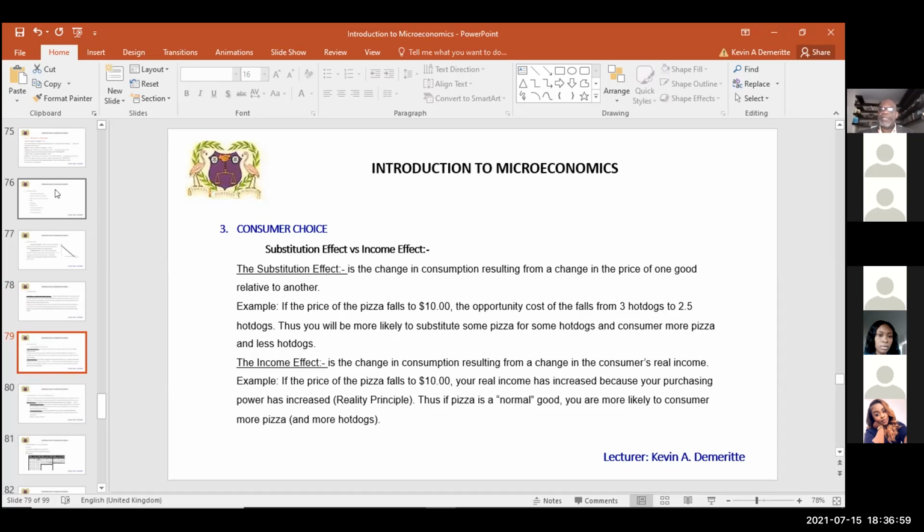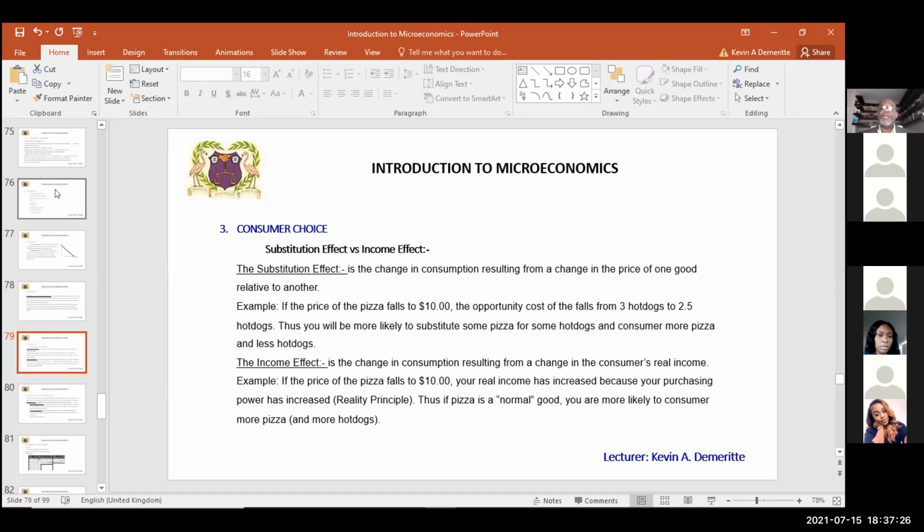So the opportunity cost, that is what you gave up, because remember, previously, when the pizza was $12, you ended up really giving up the possibility of purchasing 3 hot dogs in order to purchase this one smaller pizza. So the opportunity cost for you of that one pizza was 3 hot dogs, because that's what you gave up. You could have spent that money on 3 hot dogs.